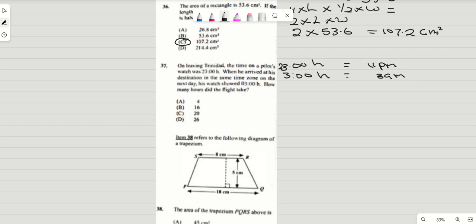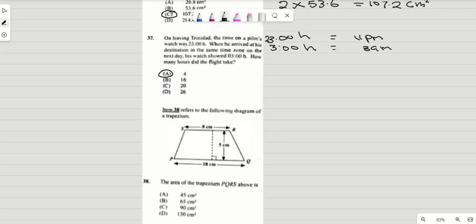So we're going to use our fingers. 11 p.m. to 12 a.m. is 1 hour. 12 a.m. to 1 a.m. is the next hour. 1 a.m. to 2 a.m. is the next hour. 2 a.m. to 3 a.m. is the next hour. If you use your fingers, you get 4. It's 4 hours.